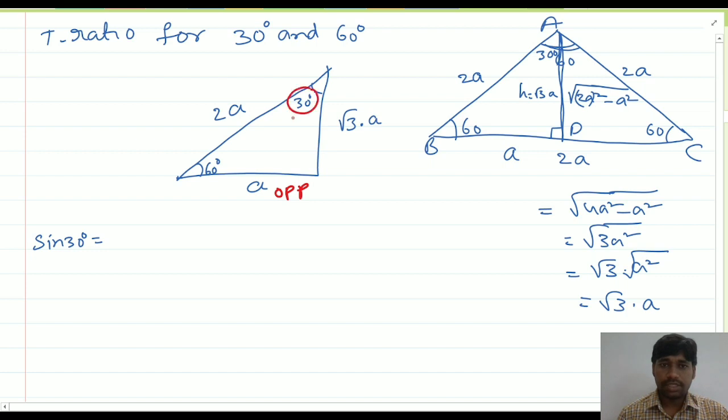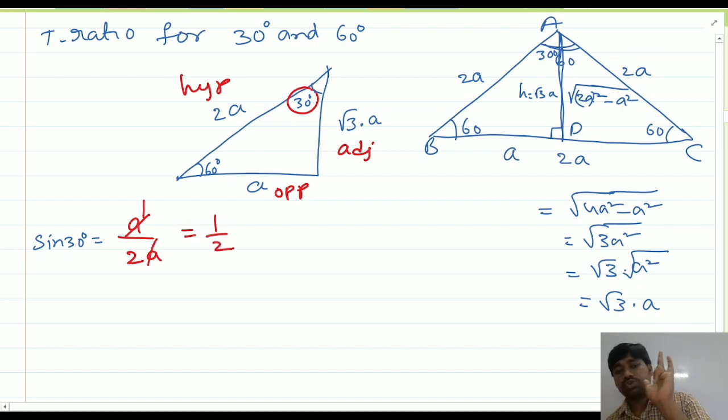For this angle this is opposite, this will become adjacent, and for 60 degrees we will draw one more triangle. This will become hypotenuse. So for 30 degrees, opposite is A by hypotenuse 2A. A and A get cancelled. Then what is left? 1 by 2. I have shown the same thing by folding this finger, 1 by 2 we have got it.